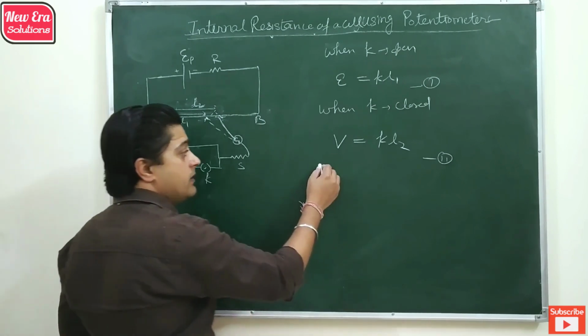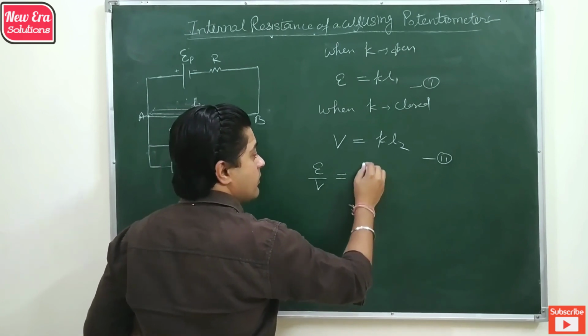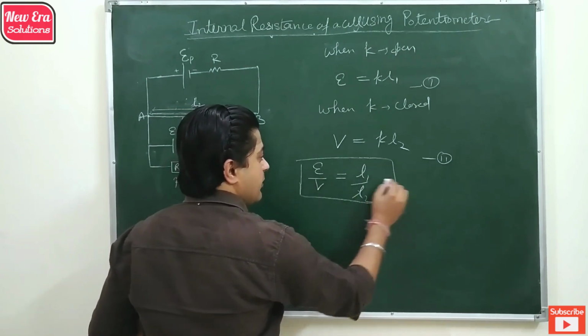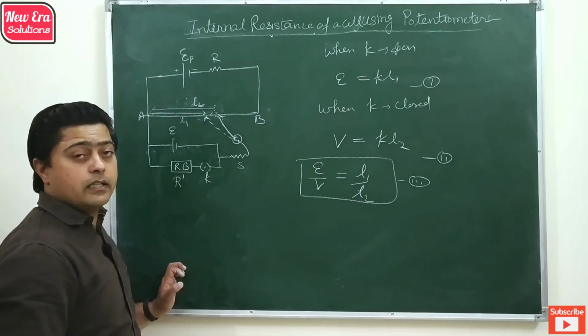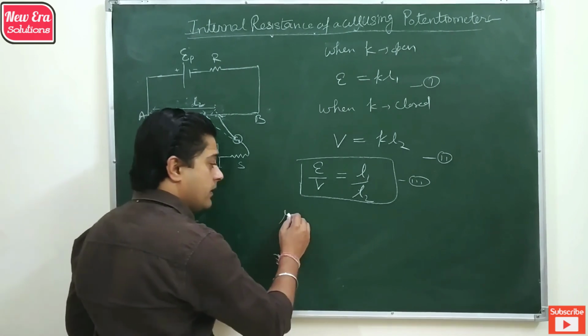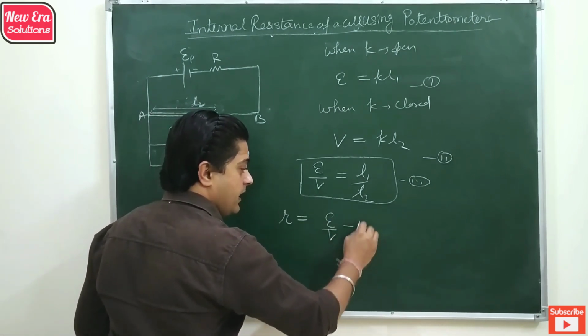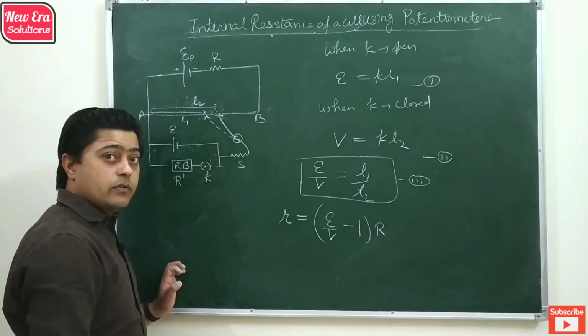When we divide these two potentials, E by V is equal to L1 by L2, and that is equation 3. Now as we discussed in the case of a cell, the internal resistance of a cell is (E by V minus 1) into the external resistance of the circuit.